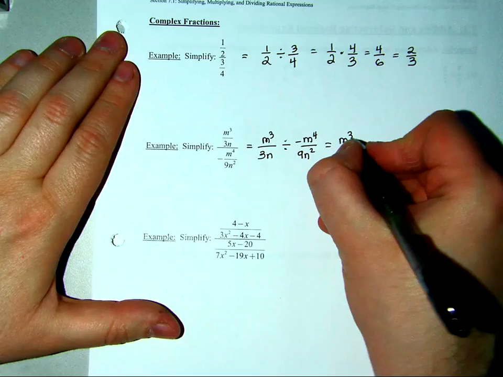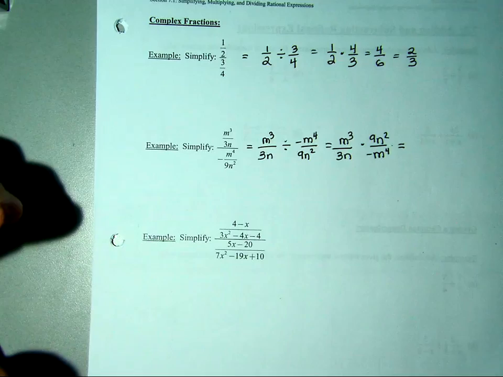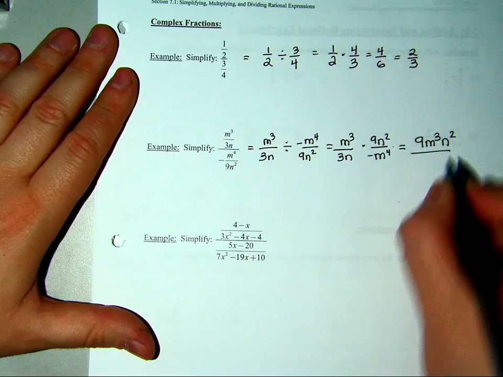On the bottom, 3n times negative m to the fourth. Let's multiply those numbers. So 3 times negative 1 will give us a negative 3 out front. And I'll just change the order to make things match the top. It doesn't really matter. Negative 3, m to the fourth, n.